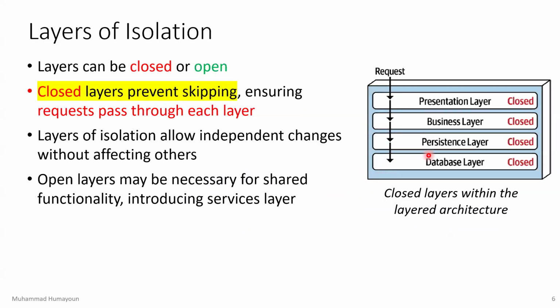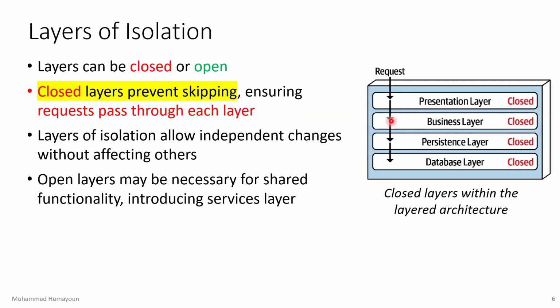Now, layers of isolation: these layers can be closed or open. When the layers are closed, how does the request flow? Any request comes to the presentation layer. Since these are closed layers, it should only pass to the next layer, which is the business layer.